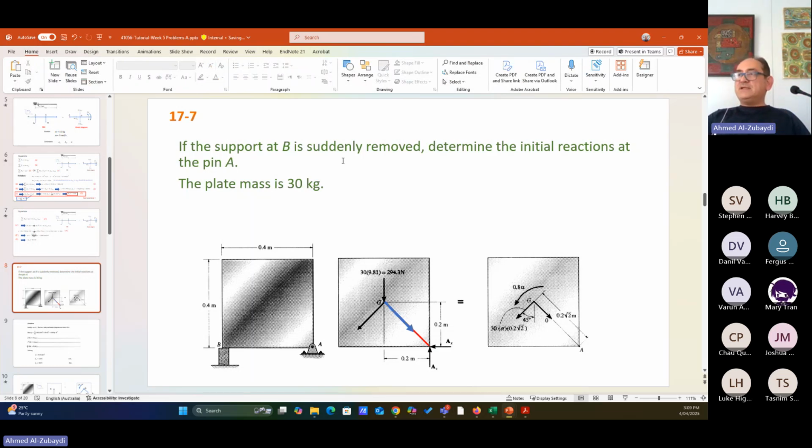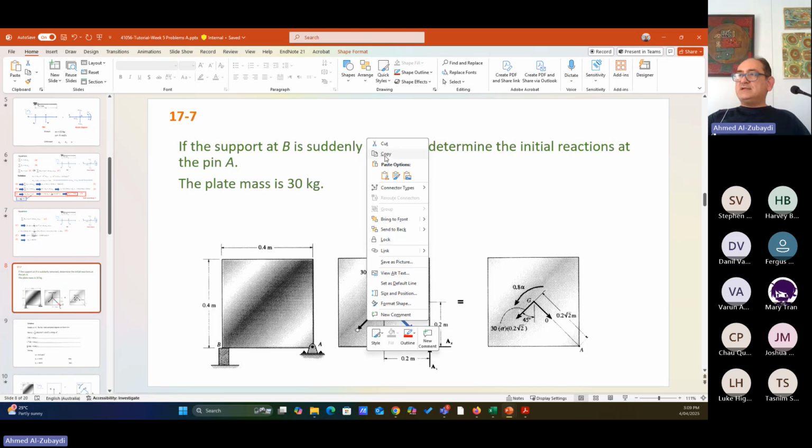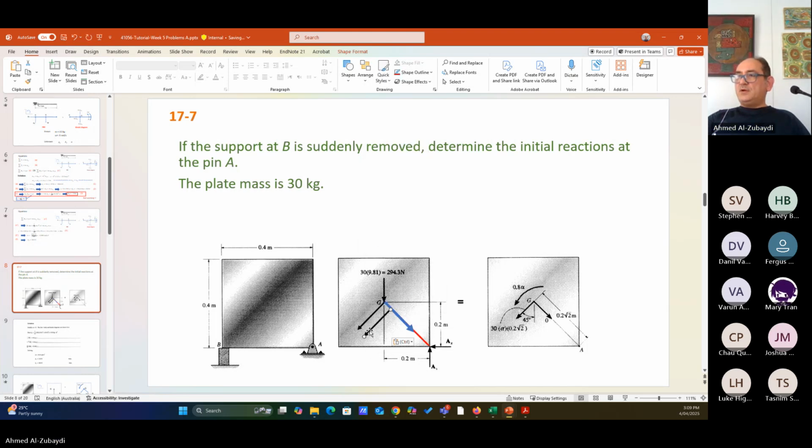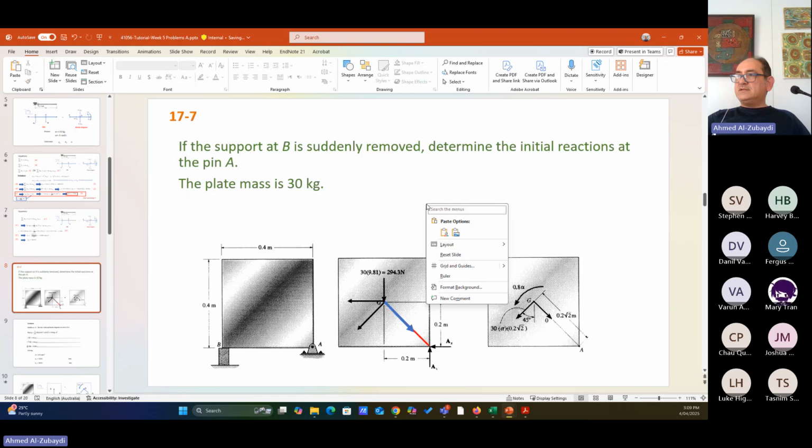Here, as long as we're told something like starting from rest, or simply released from rest, that means omega is going to be equal to 0. Then I only have alpha to do the work. And then I can write down that this acceleration is going to be equal to alpha multiplied by the length from G to A. Of course, this acceleration can be divided into two components, the X component and the Y component.